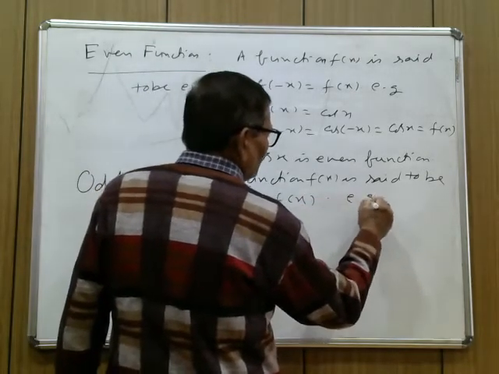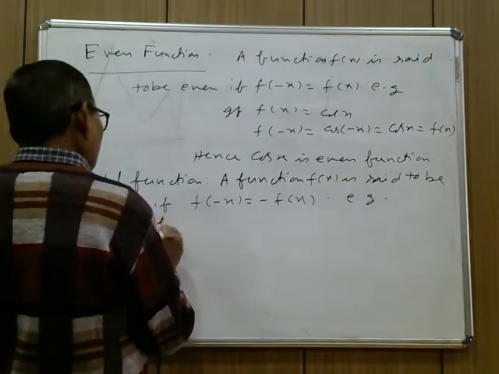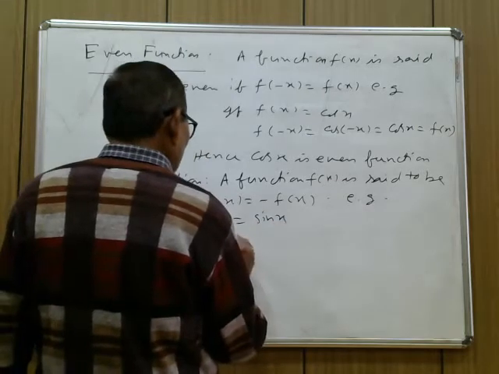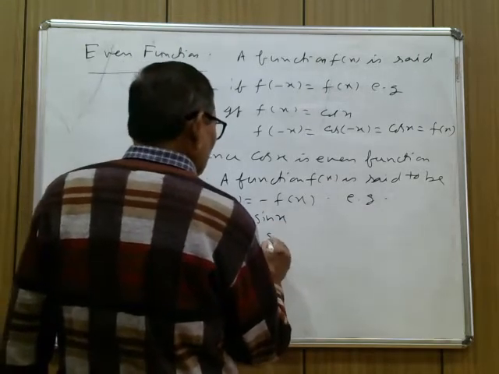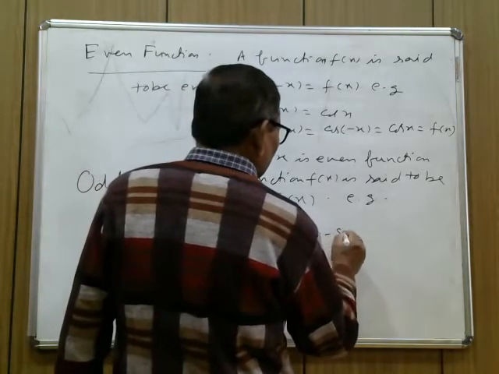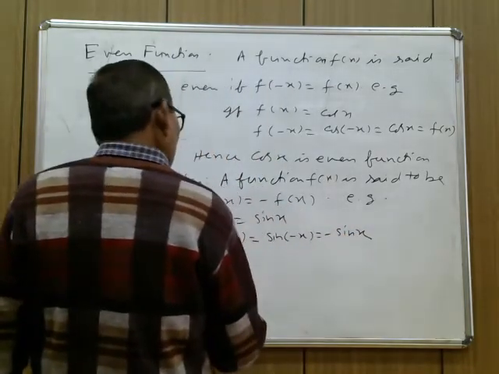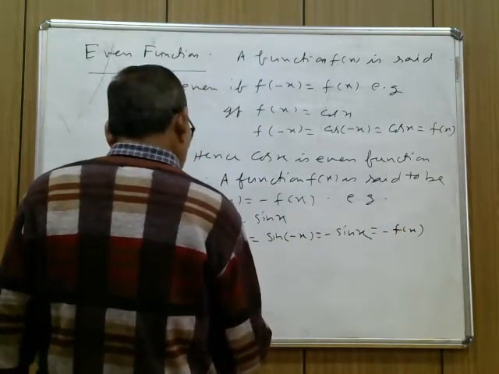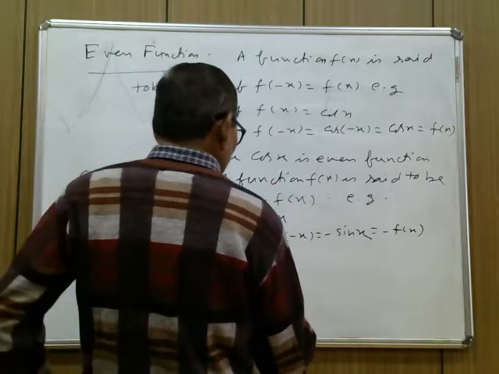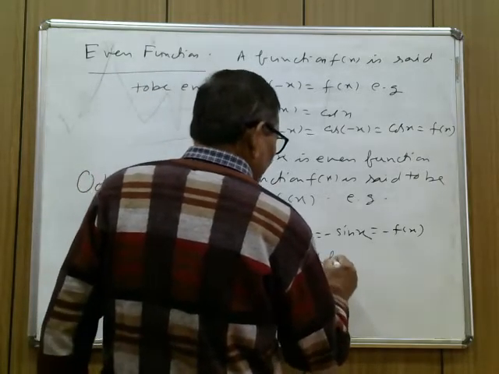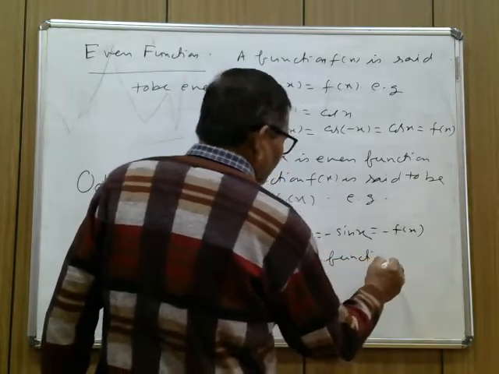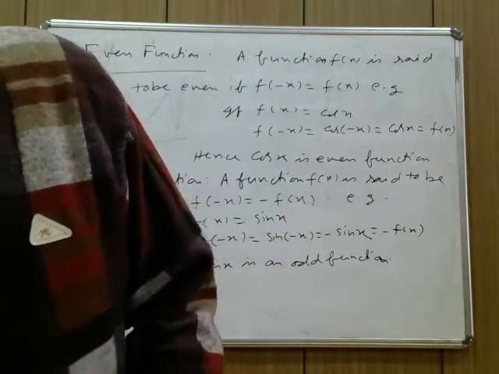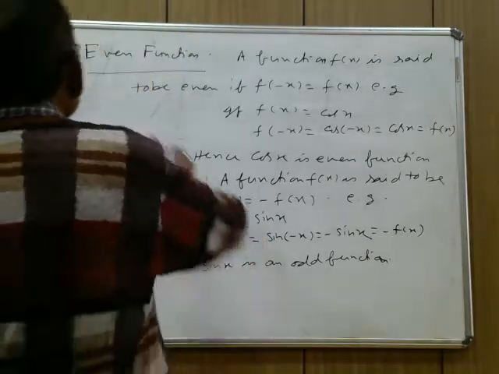For example, if f(x) is equal to sin x, similarly you find f of minus x is equal to sin of minus x, which is equal to minus sin x, equal to minus f(x). Therefore sin x is an odd function. So these are the definitions of even and odd function. Now we are doing some questions on the basis of that.